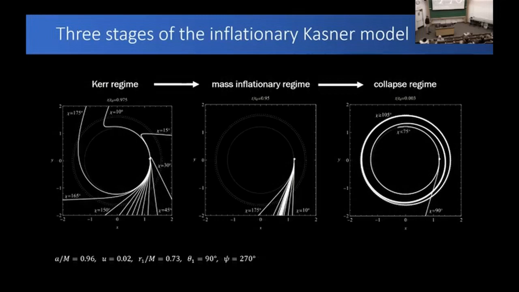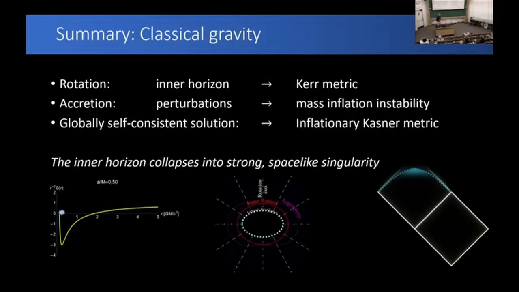So you can do things like ray trace geodesics, which I don't want to go into too much. So let me just show the conclusions of this first half, which is that there are two different effects that we care about. First of all, you want to model the rotation of a black hole. This generally gives rise to an inner horizon that could be modeled, say, by the Kerr metric. But the Kerr metric has a problem, and that is when you add accretion, the perturbations from that accretion cause an instability of that inner horizon, causing all of the matter to diverge in energy density and curvature at the inner horizon.